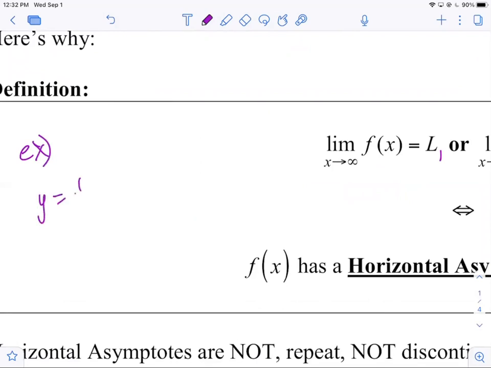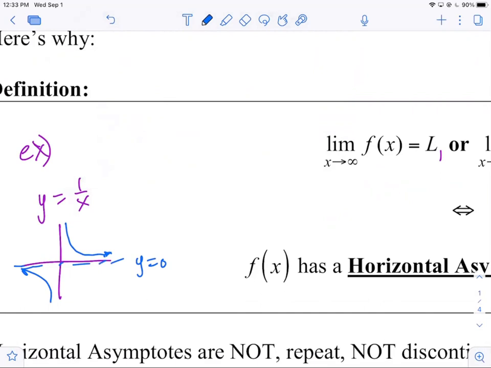You have y equals 1 over x. This one has a horizontal asymptote at y equals 0. And of course, we've already seen it. It approaches the same asymptote on both ends, one from above, one from below. So here's an asymptote that affects the graph on both ends.